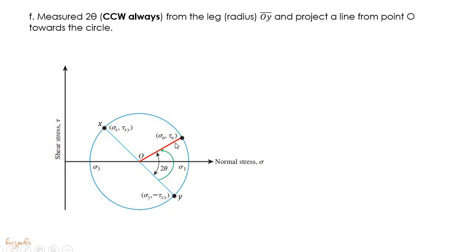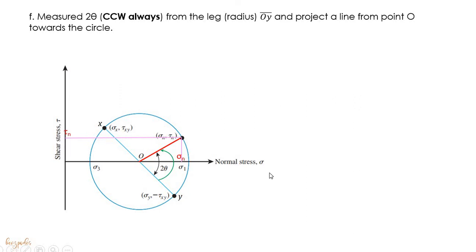Now, where the line intersects the circle, this point has now coordinates. So if you project this point onto the normal stress axis, this now becomes the value of your normal stress. And if we project this point towards the shear stress axis, this now becomes the value of your shear stress.